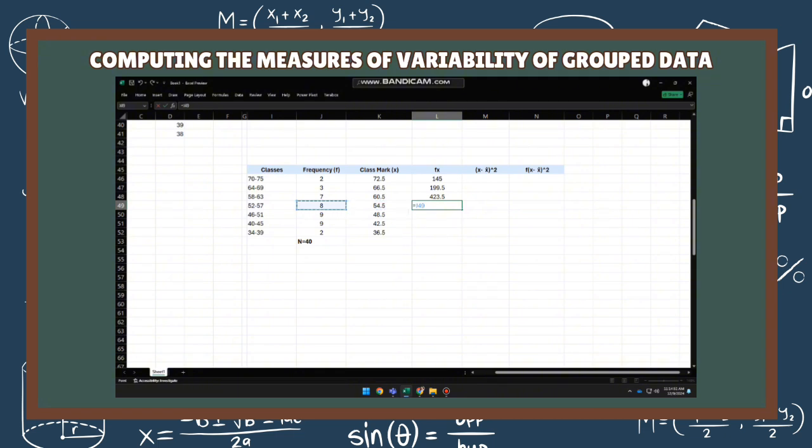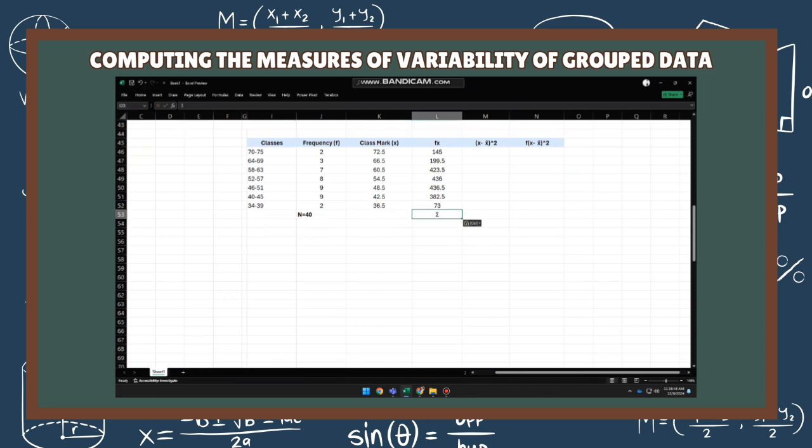And then 8 times 54.5, 436. 9 times 48.5, 436.5. 9 times 42.5, 2 times 36.5. So, ayan yung ating frequency times class mark.